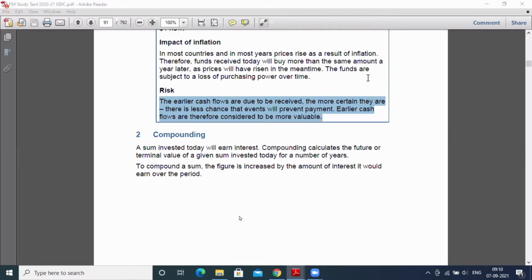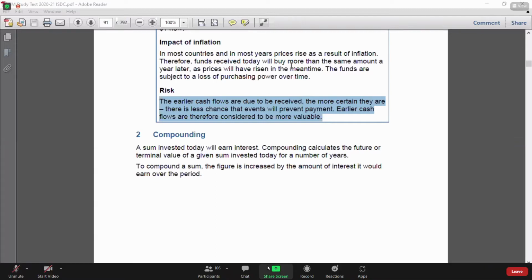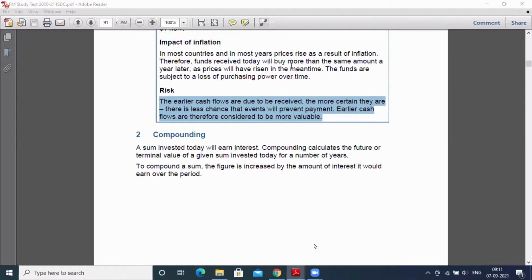Do we have any query on this? Suppose risk, in the sense, let us assume that if I speak about future money, don't you think the future includes uncertainty? Suppose I say that I will be paying 1 lakh after 3 months. There is a kind of uncertainty involved in this. I don't know whether I will be paying it or not, because there are several factors to be considered.